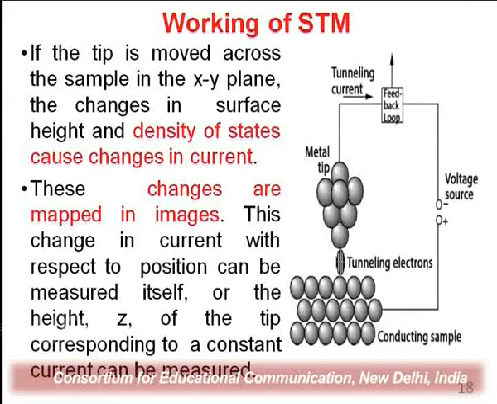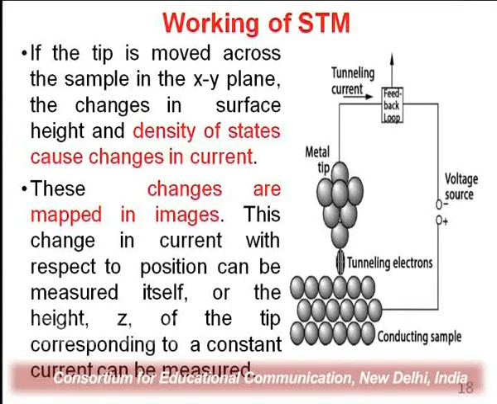Density of states will change the current between the metal tip and the conducting sample, and these changes are mapped in the images, and this image will describe the property of the nanomaterial.